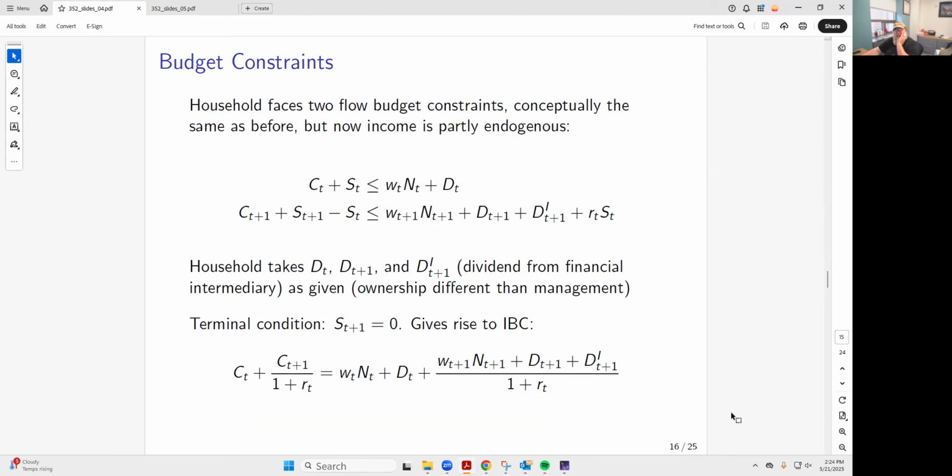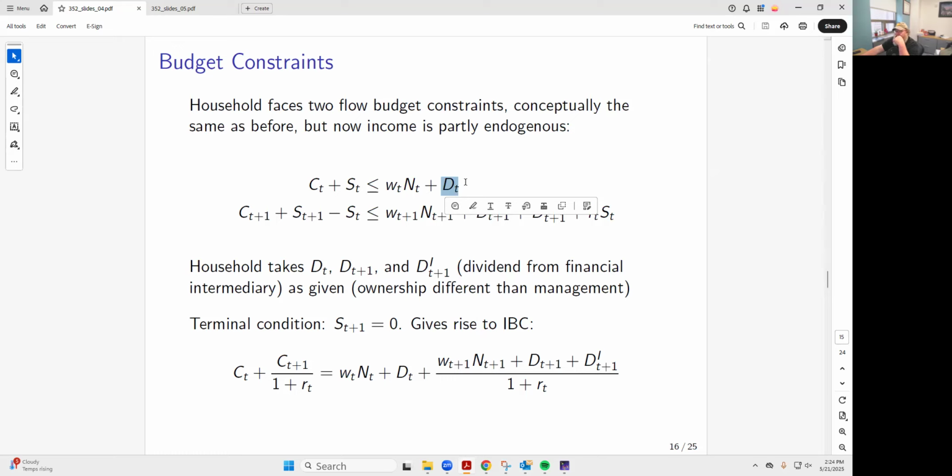We have, in a sense, a similar set of budget constraints as we had before. The difference here, you'll notice, is that this is how much money the worker makes. So the consumption plus savings can't be any bigger than how much money they make, plus the dividend.